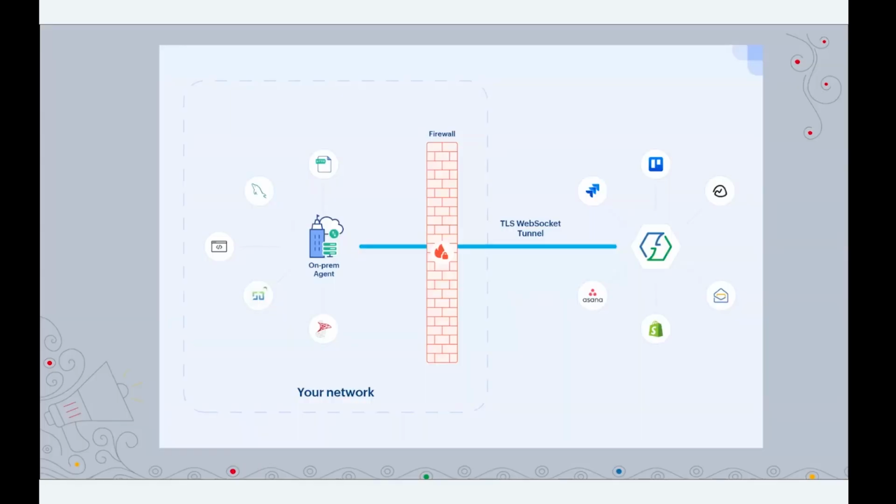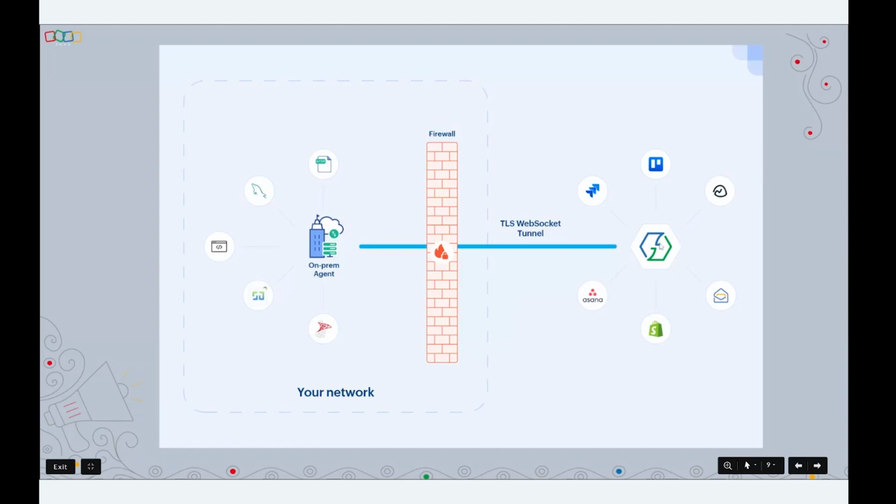So here is again a pictorial representation. As you can see, this is the local network, a private network, and the on-prem applications are set up here. As I was saying earlier, the on-prem agent will run together with these on-prem applications.